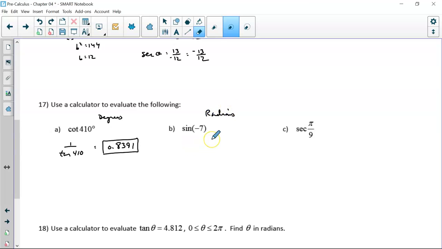So you're going to find the sine of negative 7 in radians. You're going to get negative 0.6570. The secant, you don't have a secant button, so it's 1 over the cosine of pi over 9. So make sure in radians, you're going to get 1.0642.